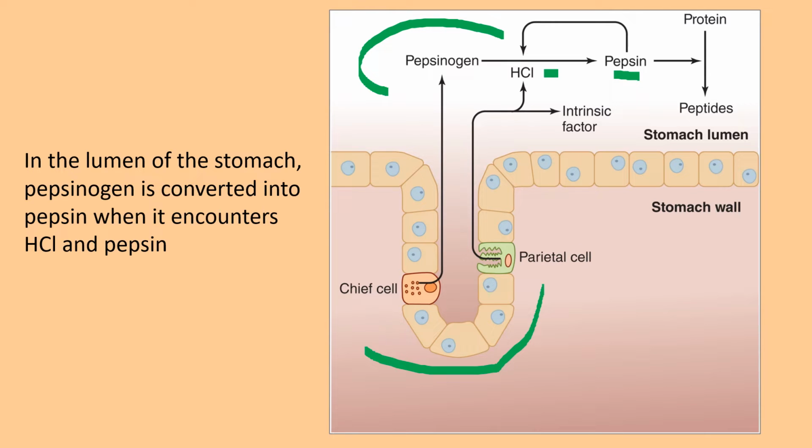Pepsinogen is activated into pepsin, and then pepsin catalyzes the catabolism of protein into smaller peptides. So this is the beginning of protein digestion, the chemical digestion of protein in the stomach.